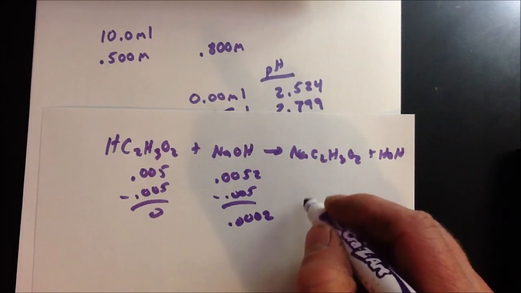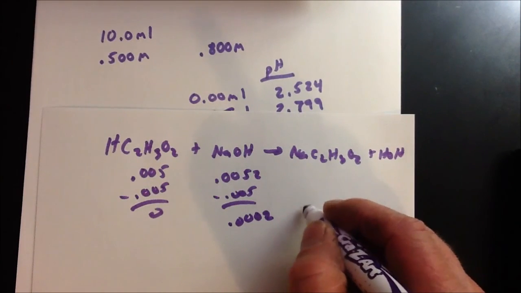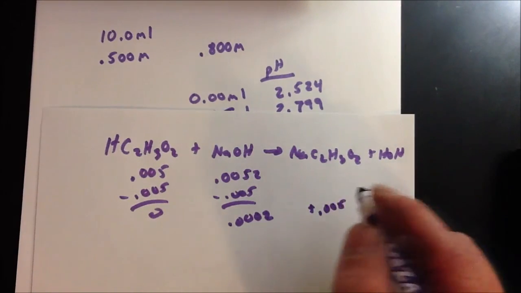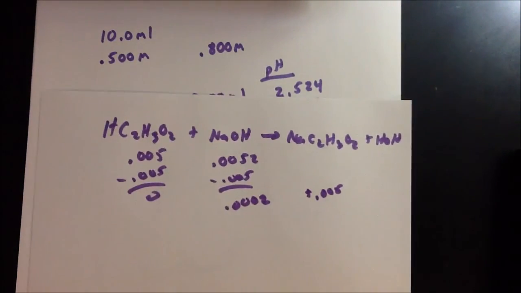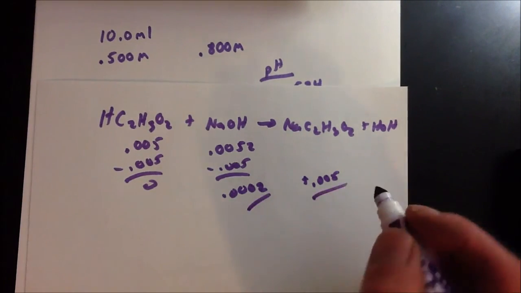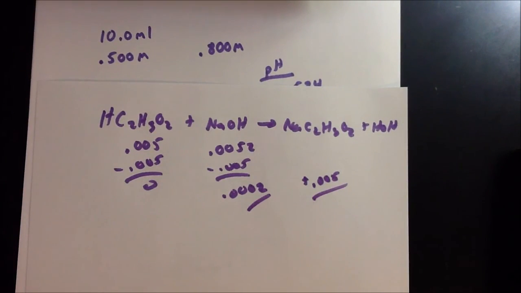And in theory, just to mention this, this one will also go up to 0.005. And we'll talk about that, how it's really a non-factor here in just a moment. So we're going to divide this by the new total volume, which is 16.5 milliliters.